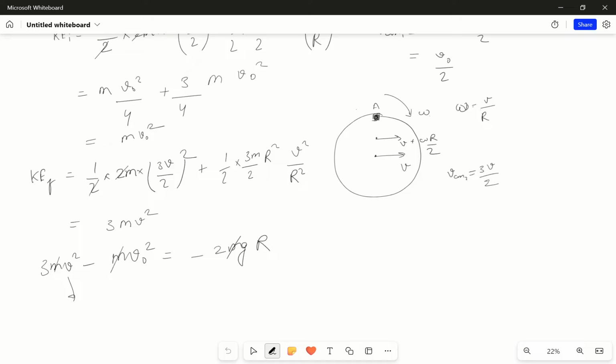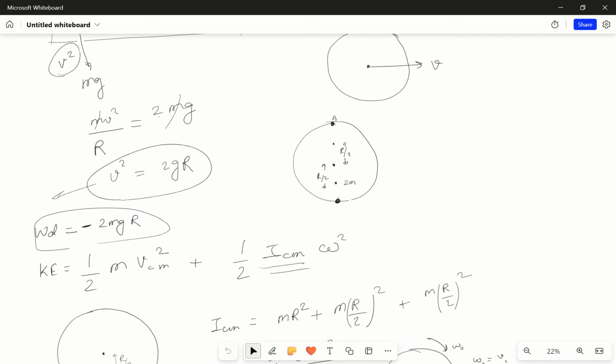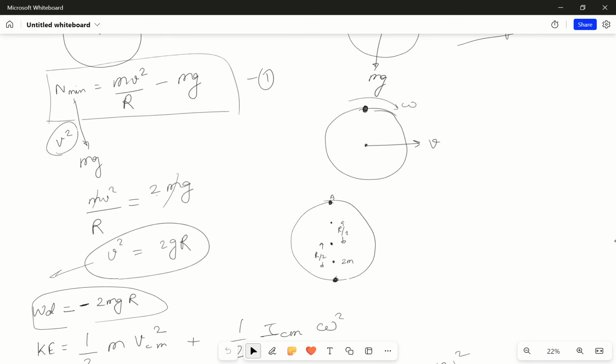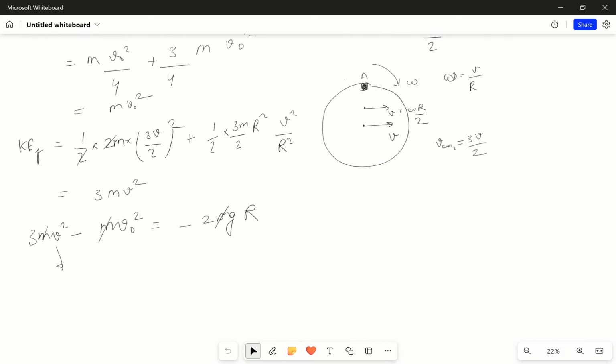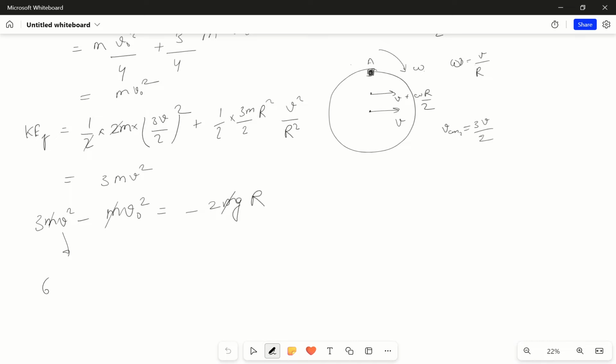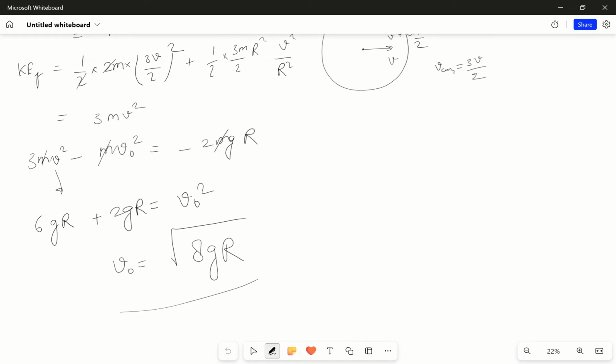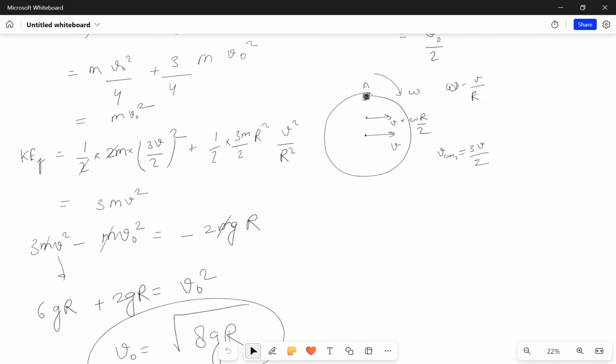And finally put the value of v square from here, what we calculated here. V square equal to 2gr. Put it here. And 6gr plus 2gr equal to v naught square. So v naught is equal to root of 8gr. So this is the final answer, and yeah, it is done.